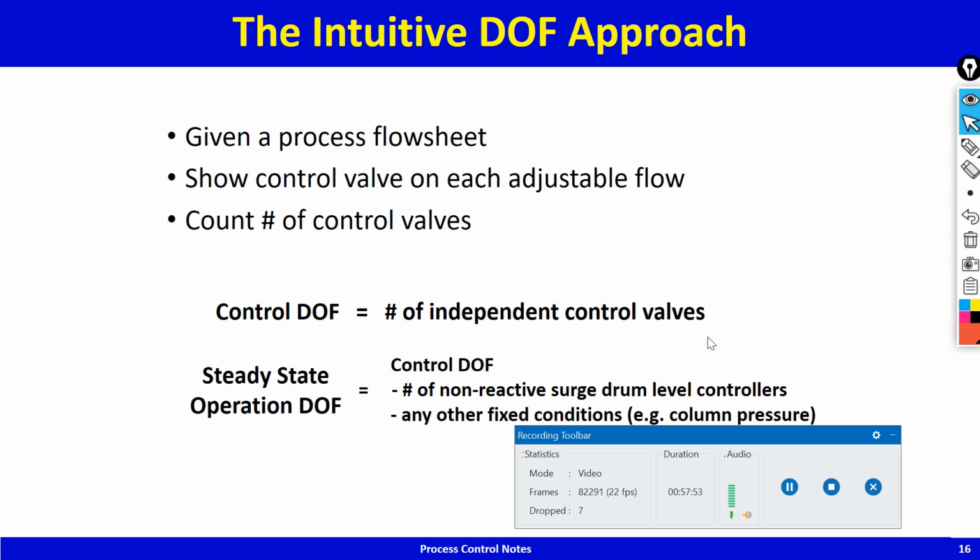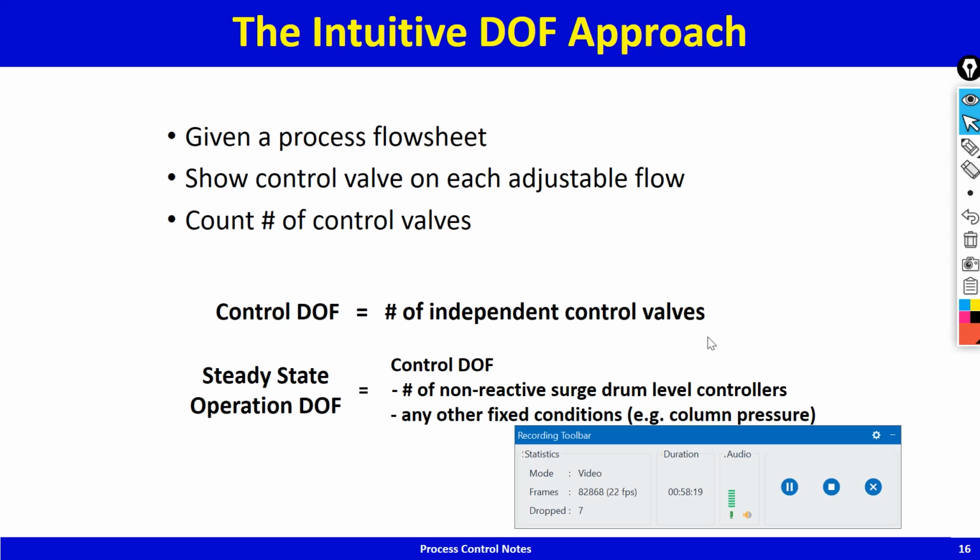And then the steady state operation degrees of freedom is obtained by subtracting out from the control degrees of freedom the number of non-reactive surge drum level controllers, where you have to install a level controller, because those levels will not have any steady state effect, minus any other fixed conditions. For example, if the column pressure is given. And once this subtraction is done, that gives you the steady state operation degree of freedom of the process.